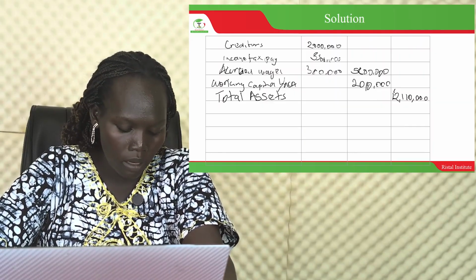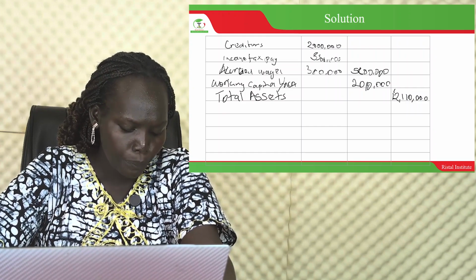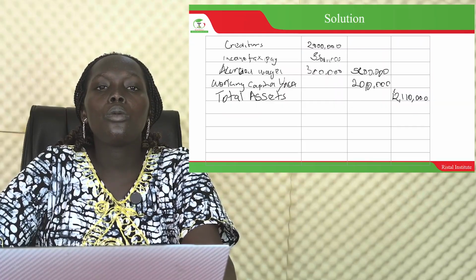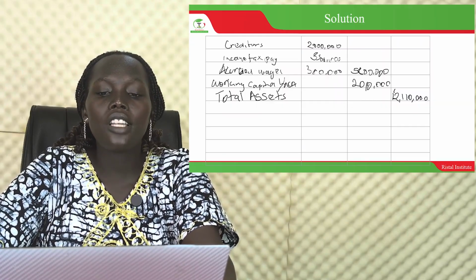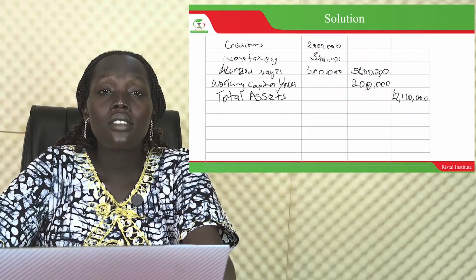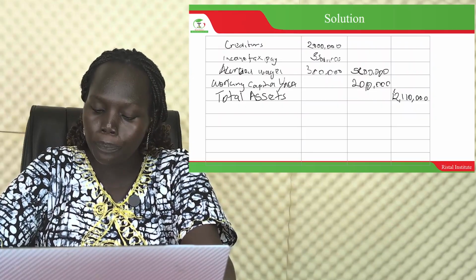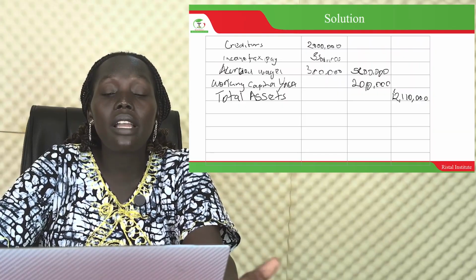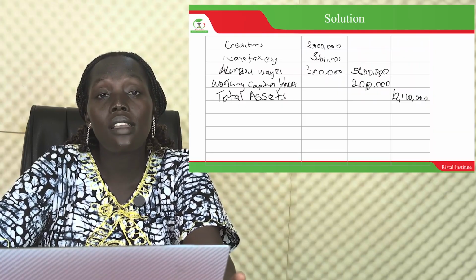So we have to get now our shareholders' equity, our owners' equity. In our illustration, they have not given us owners' equity.